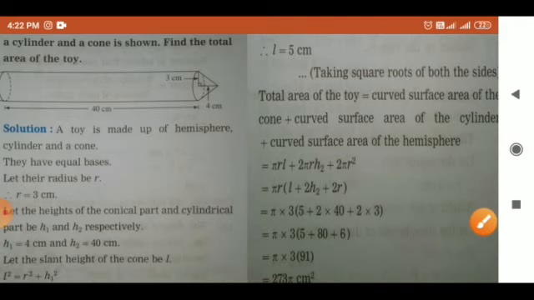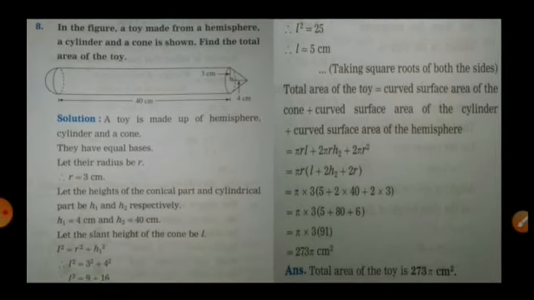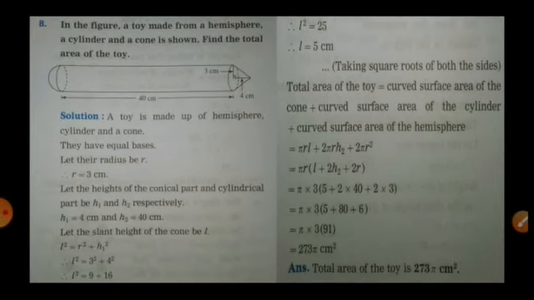After calculating, what are we getting? See, pi and 3 are outside, this 5 is alone, this 40 and this 80 is done, and 2 into 3 is 6. Now pi into 3 into 91, it means 273 pi centimeter square. Therefore the total area of the toy is 273 pi centimeter square.